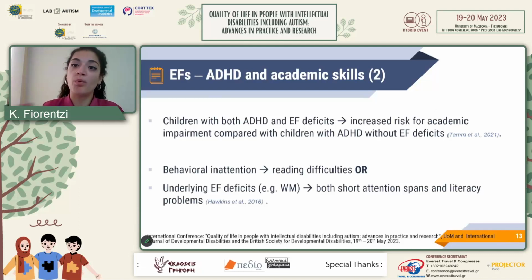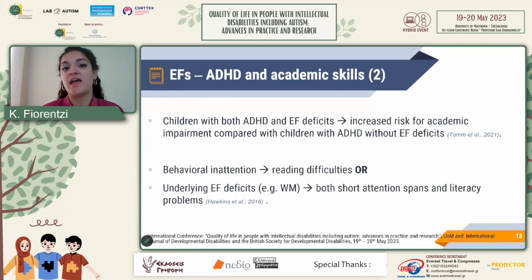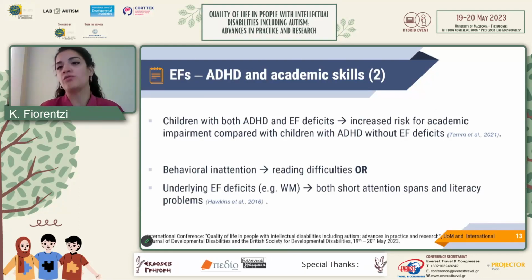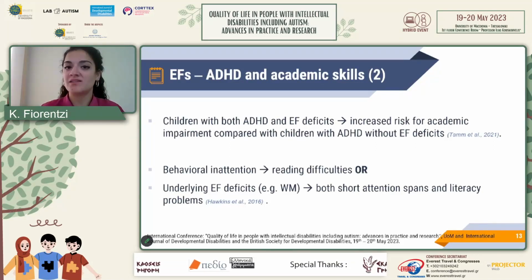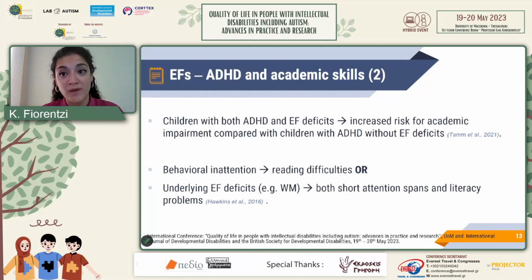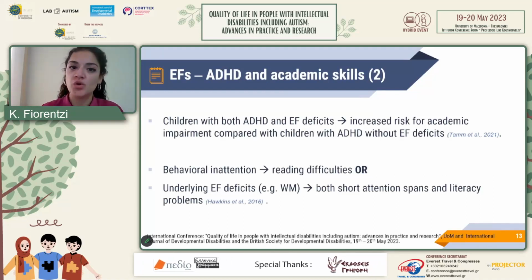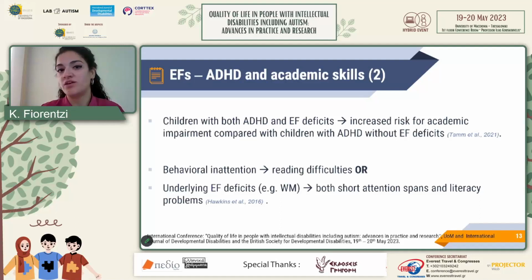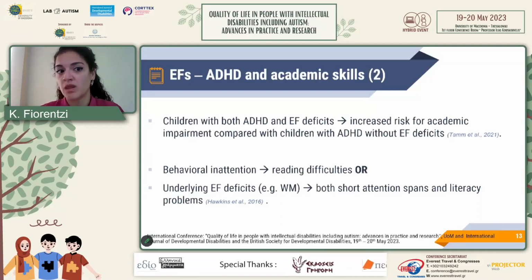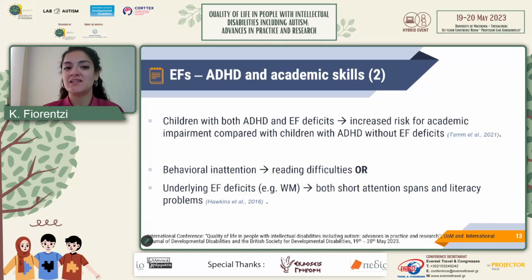Children with both ADHD and executive function deficits run an increased risk for academic impairment compared to children that do not have EF deficits, but they may have ADHD. So, behavioral inattention may lead to reading difficulties.